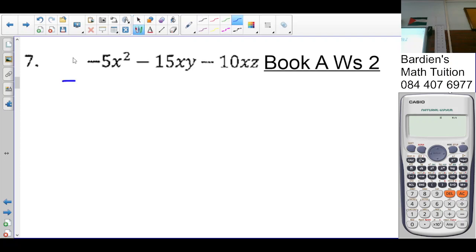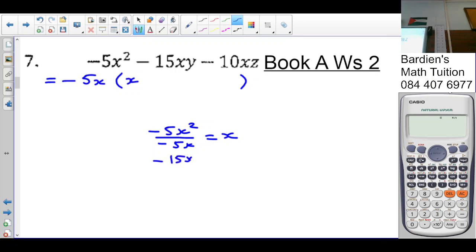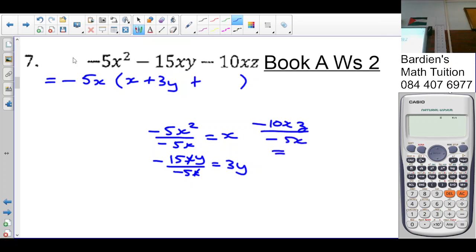Negative 5x. So we say negative 5x squared divided by negative 5x. What is that? X. Okay? Negative 15xy divided by negative 5x will be positive 3y. And then negative 10xz divided by negative 5x. Positive 2z.